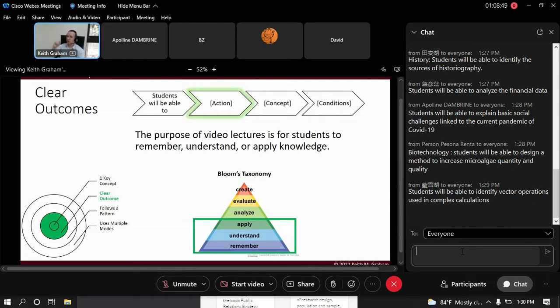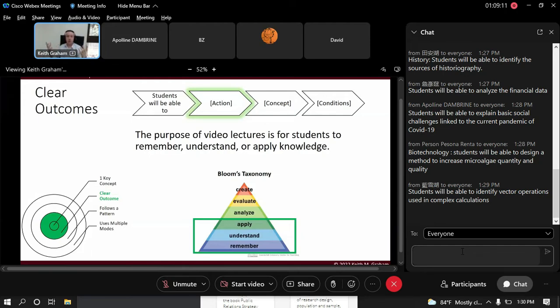Students will be able to describe the design thinking process. This one is probably pretty good, assuming that the design thinking process is not too complex and is something that we could describe in 15 minutes, maybe in a couple of steps. Assuming that's the case, this would be a good topic.